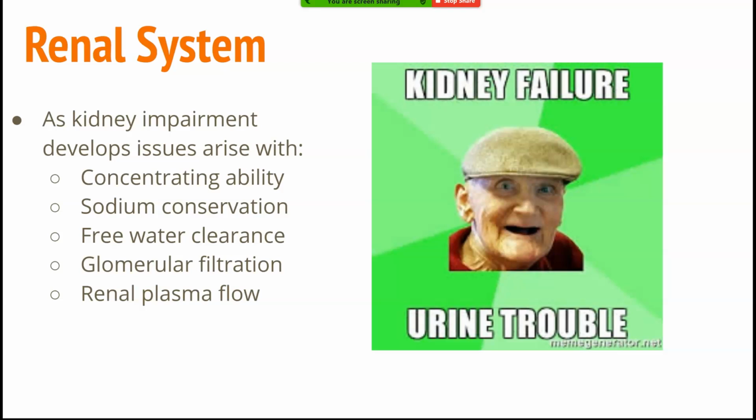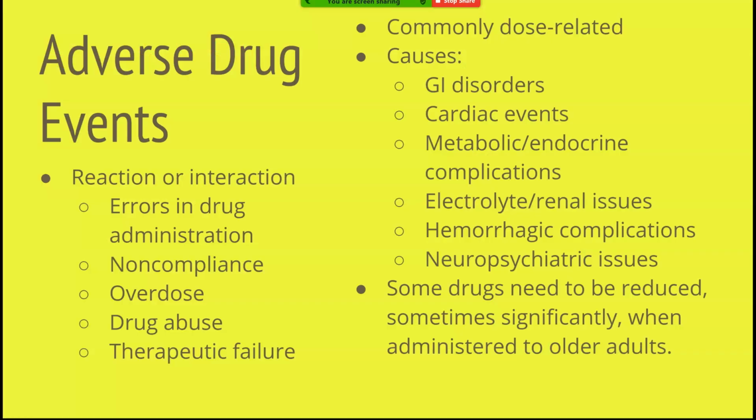So as you get older and your kidneys start to become a little less effective or efficient, they aren't able to concentrate urine as much, which means that you are going to be producing more watery urine, which means that they have to work harder, which means you have to walk to the bathroom more. More sodium gets released, which is why elderly people are commonly hyponatremic. And there's just a lot of time back and forth to the bathroom.